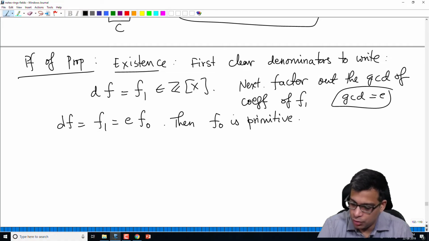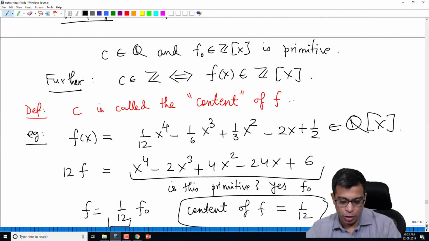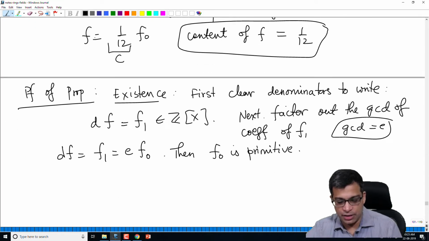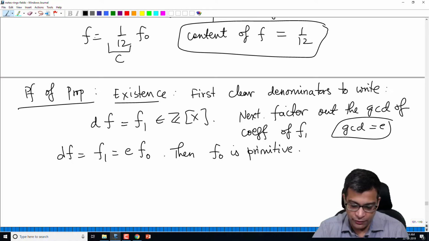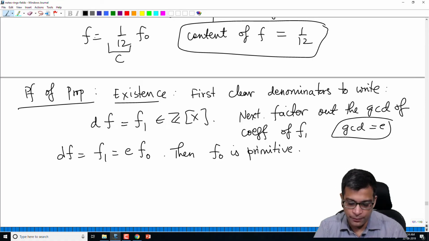Is that clear to you? Because f0 has the same degree as f1, which is positive. The polynomial f is of positive degree, we are assuming. Multiplying by integers does not change the degree of the polynomial, so the degree of f1 is positive, and the degree of f0 is positive. Also the leading coefficient of f0 is positive because the leading coefficient of f1 is positive.